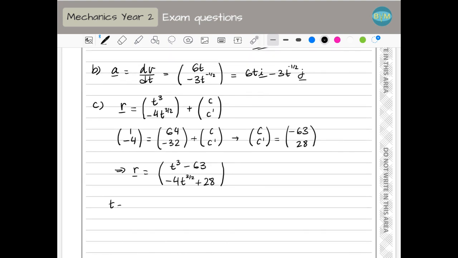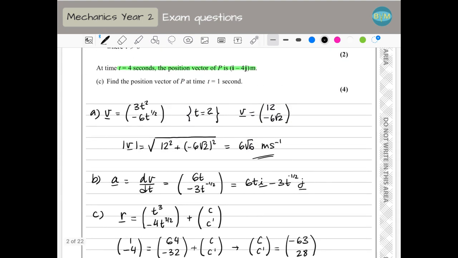Yeah, when t is 1, my position vector is, just substituting here, 1 minus 63 is minus 62. And 1 times 4, minus 4 plus 28, 24. Yeah, so this is my position vector when t is 1. I can write it this way, or if you prefer, you can use the other notation. And that's all. Yeah, they don't ask me anything else.